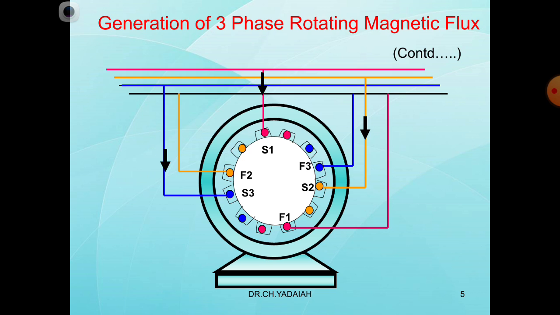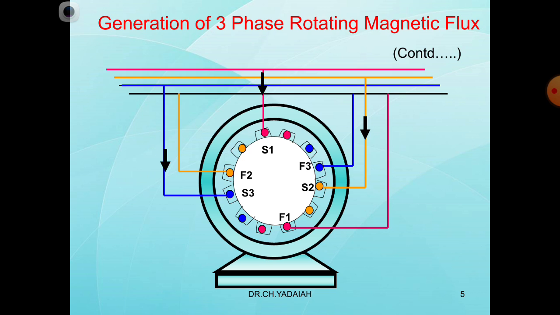The B phase starting is connected 120 degrees apart, and the Y phase is also connected 120 degrees apart. Taking S1 as a reference, the starting is connected, and then S2, that is the Y, is connected. After that, the starting of S3, the blue, is connected. The finishing ends of these windings are connected to the neutral for analysis purposes.